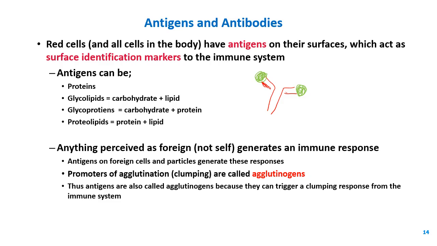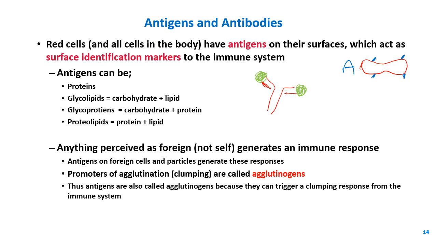Well, because our red blood cells have on their surface some sugar molecules that can be antigens. Now it depends on which blood you have. Let's say if you have blood type A, then the antigen on the surface is type A.